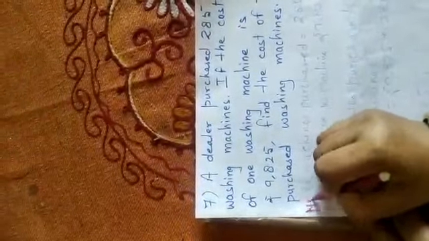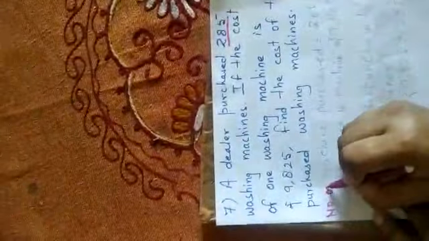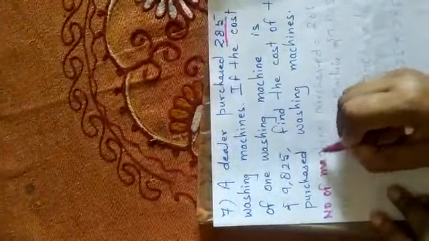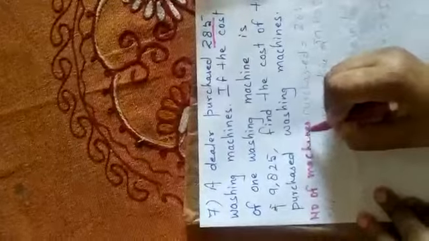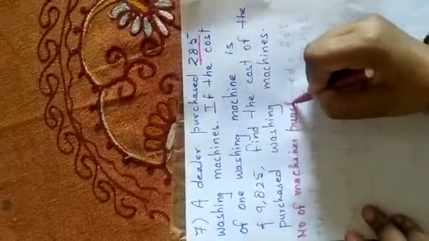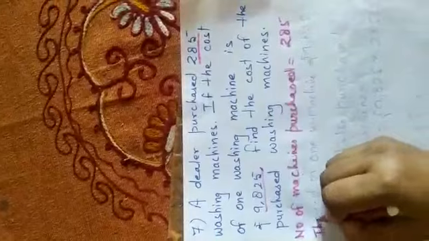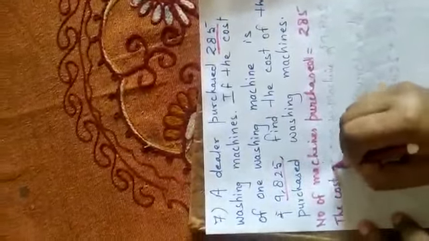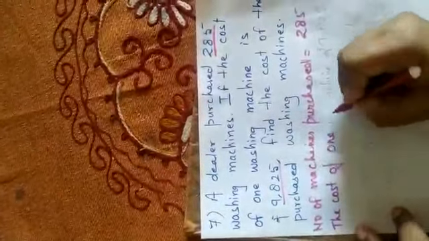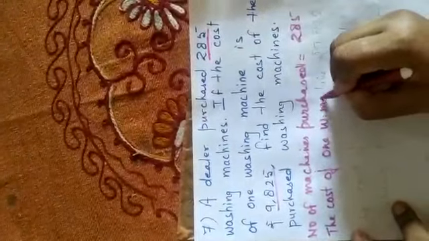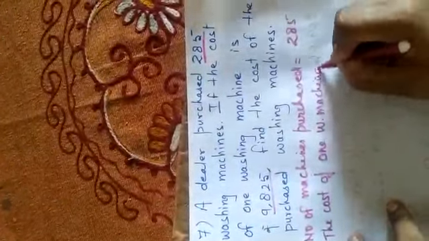So how many washing machines were purchased? 285. So the number of machines purchased is 285, and the cost of one machine is 9,825. The cost of one washing machine is how much?